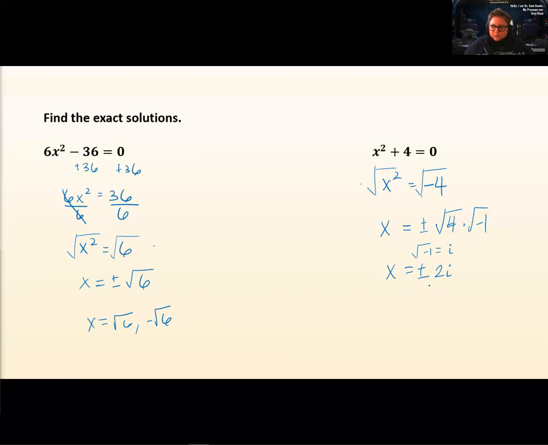If only real solutions are wanted, it's D and E, right? But if we want all solutions, then we have -2i and 2i. Does that make sense?